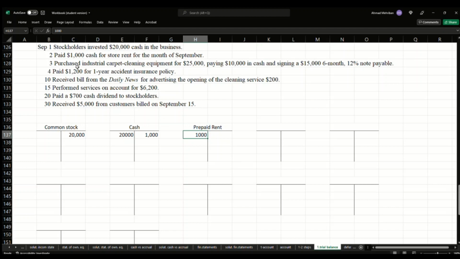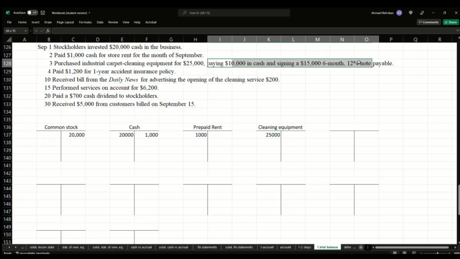September 3, we purchased industrial carpet cleaning equipment for 25,000. That's our debit side entry. Now we paid in part using cash and in part notes payable.